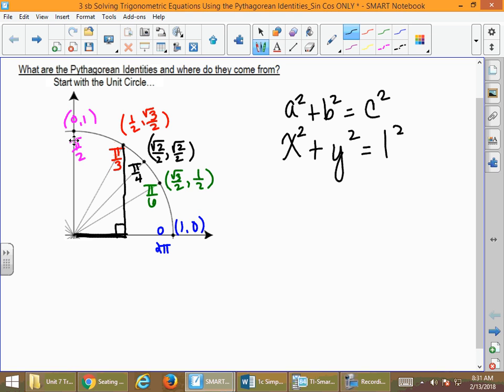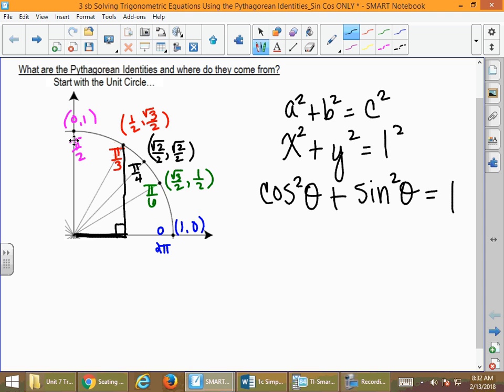Well, what function is represented by the x in the unit circle? And it's cosine. So, and I'm actually going to put theta in there for that. And what function is represented by the y in the unit circle? And 1 squared is 1.